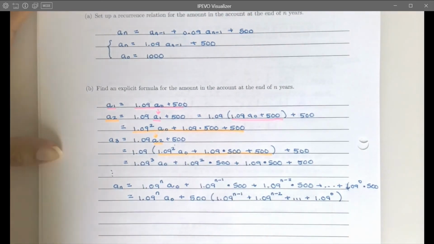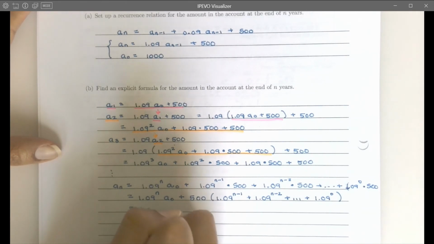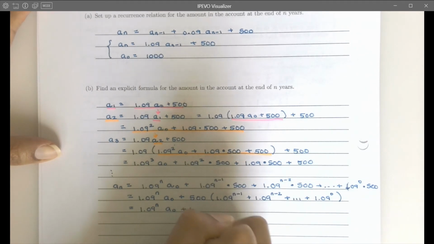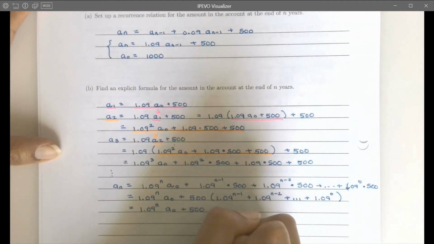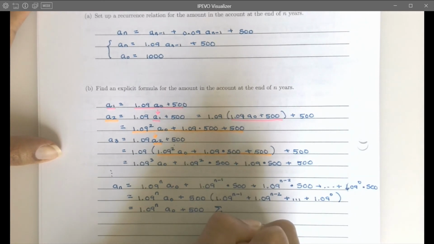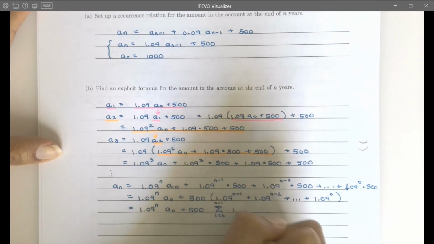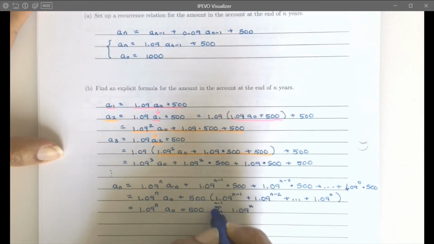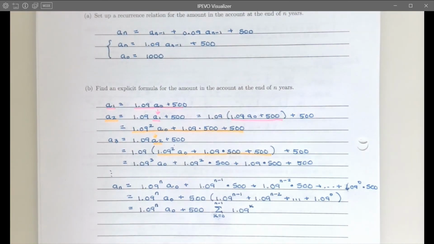And if we write it as a sum, this becomes 1.09 to the n A0 plus 500 times the sum, actually let me use k so that it's easier to read. Okay. So from k equals 0 to n minus 1 of 1.09 to the k.